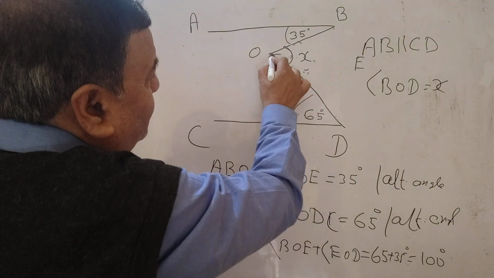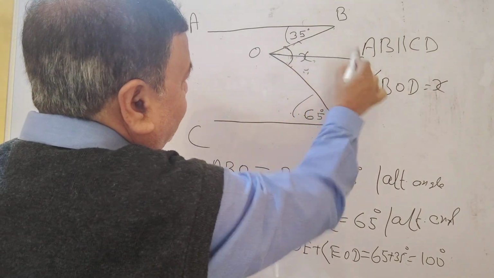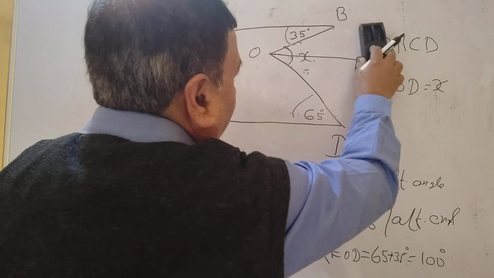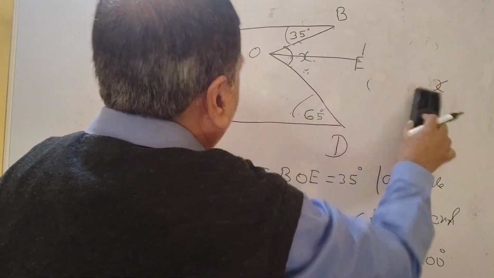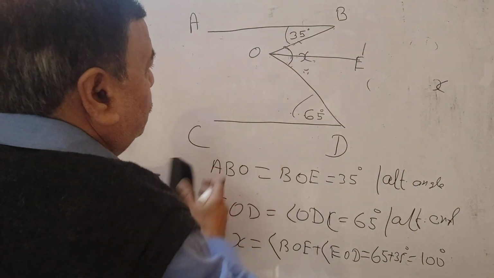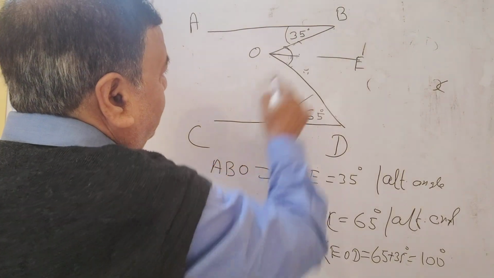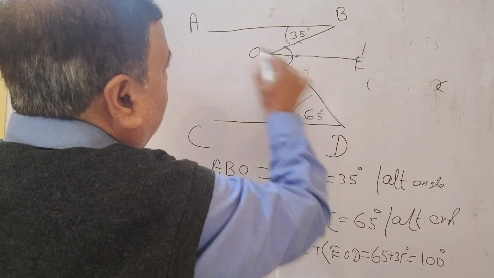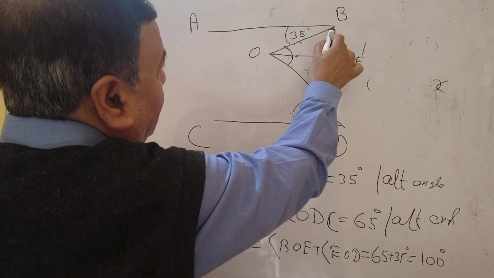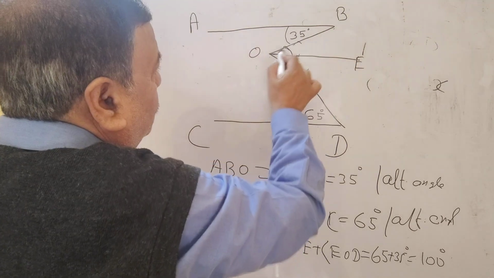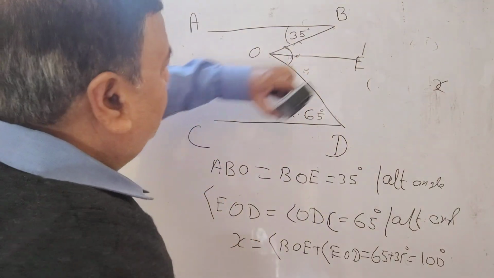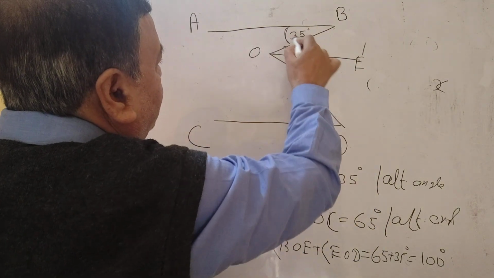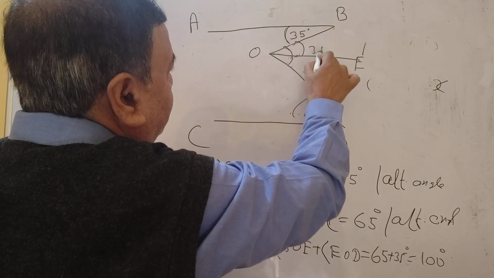Now what we do is very simple. We draw a line parallel to AB. So AB and OE are parallel, and this is a transversal line BO. So alternate angle will be equal. So 35 will be equal to this. So this is also 35.